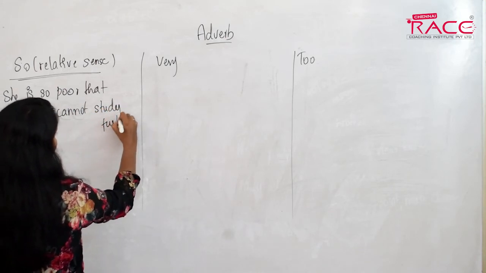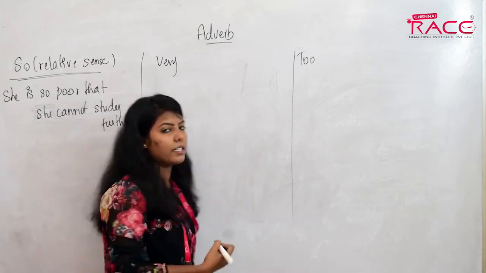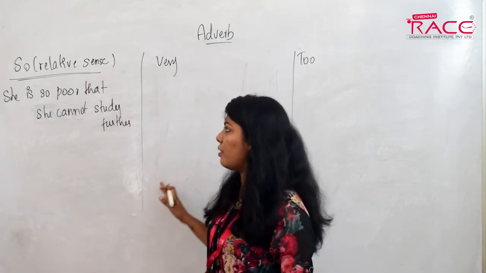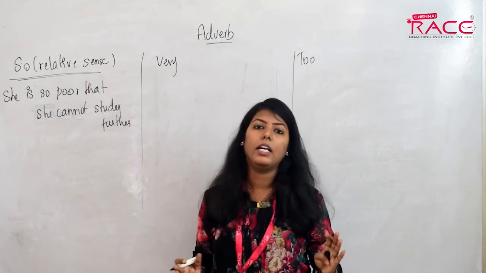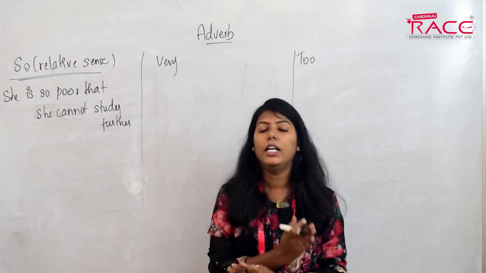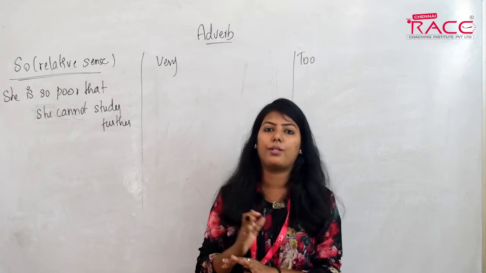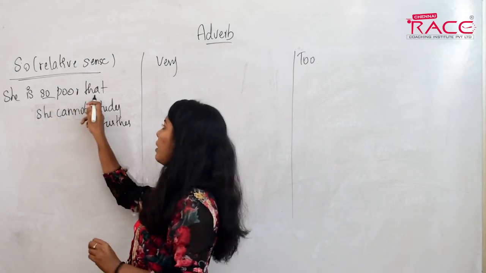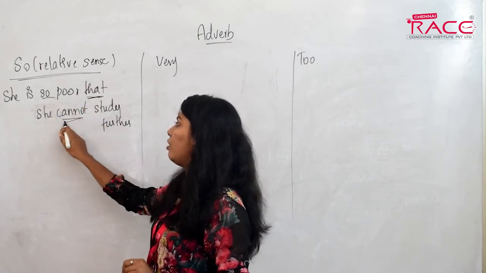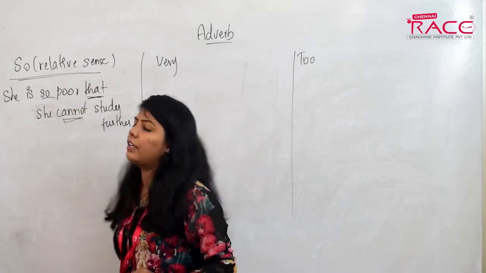She cannot study further is one thing, and she is poor is another thing. To relate these two things, I use so, and so is usually followed by that.